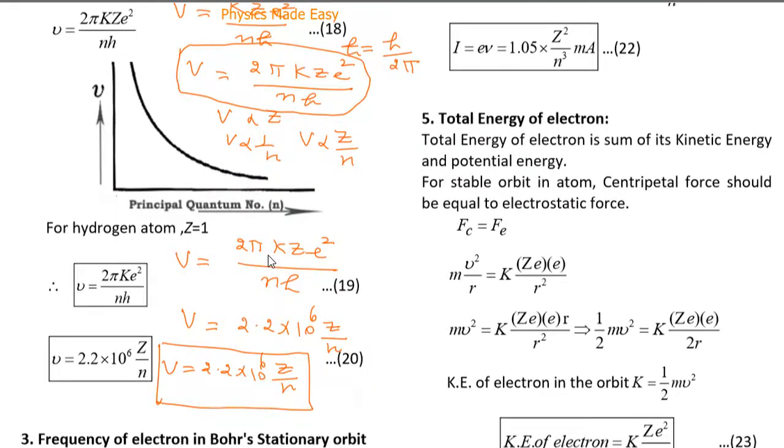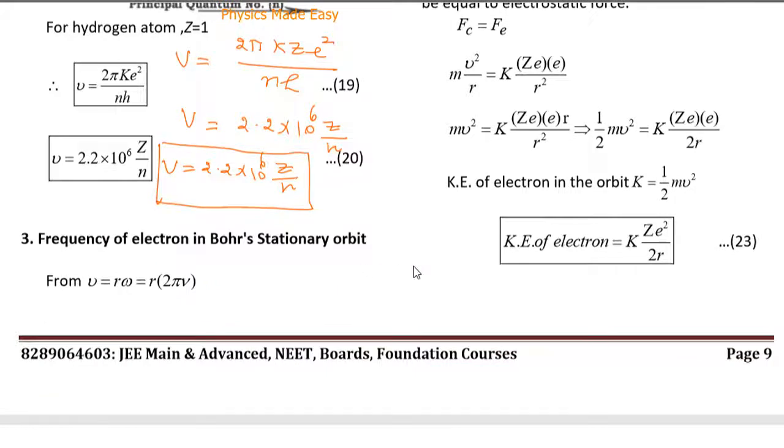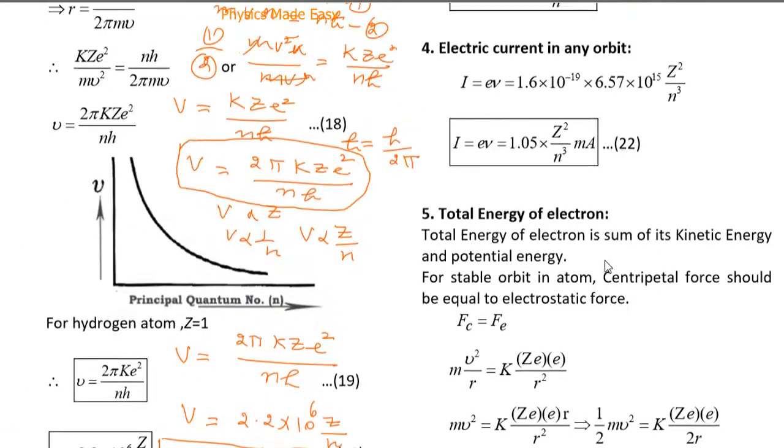And now let us try to solve the problem for frequency. We know that v is equal to r omega, and omega is 2 pi into frequency nu. Differentiate this, v and nu. It means frequency is v divided by 2 pi r. We have to calculate the value of v by r.